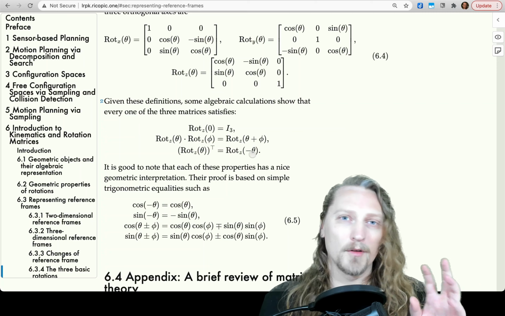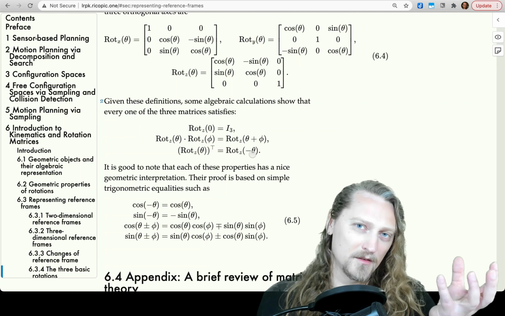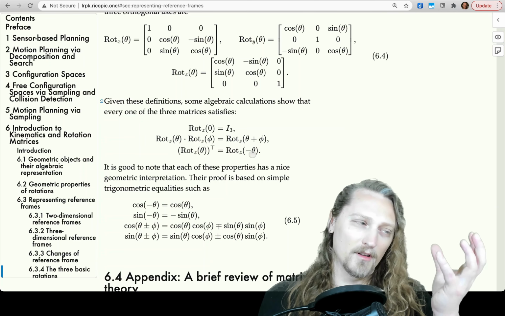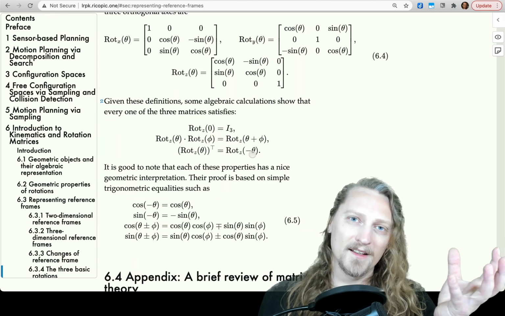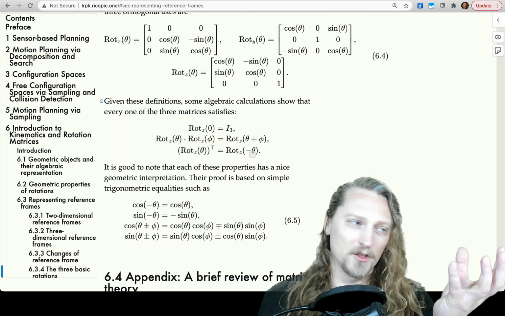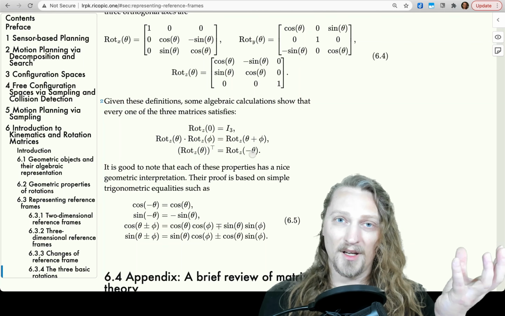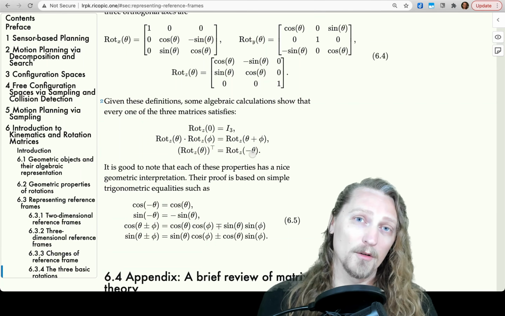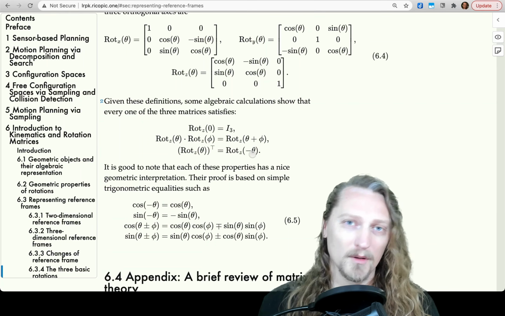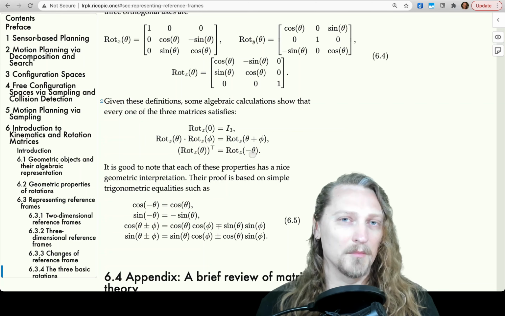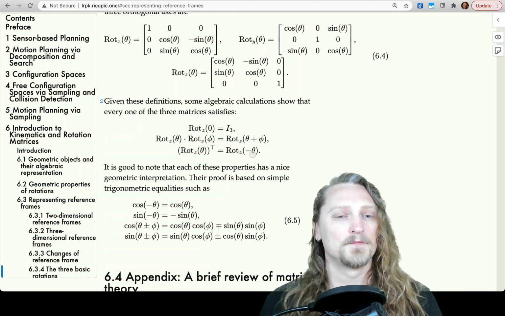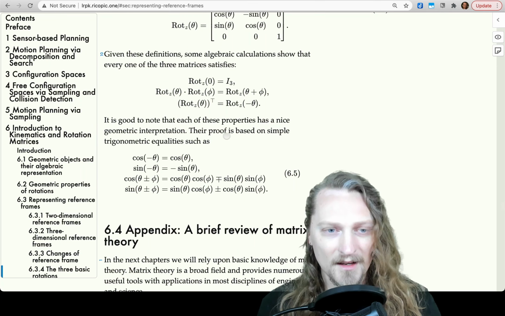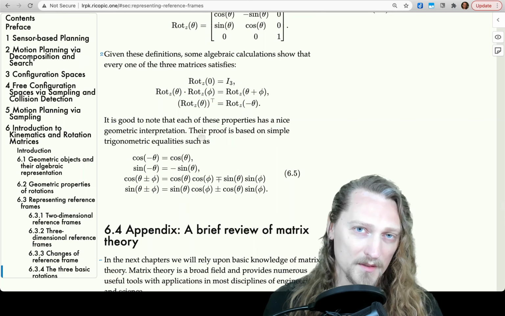Because if you were going to go from one reference frame to another, so from say 1 to 2, and you wanted to go back to 1, you would transpose the rotation matrix. Going back to 1 is essentially just reversing the angle that you rotated. So it's equivalent to just rotating by some negative angle. All right, so it is good to note that each of these properties has a nice geometric interpretation, and we always like that.